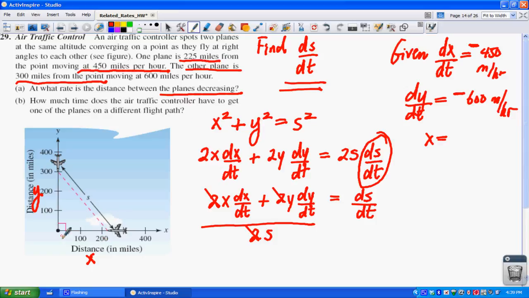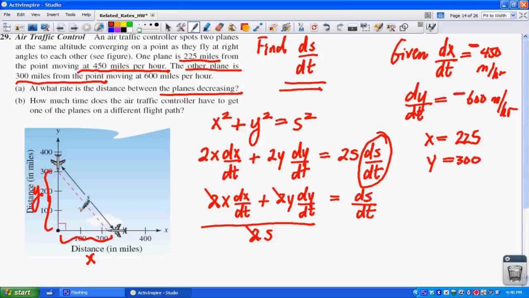This right here represents 225. When x is 225, and when y, which is this here, is 300, what would the distance be between the two planes at that point?